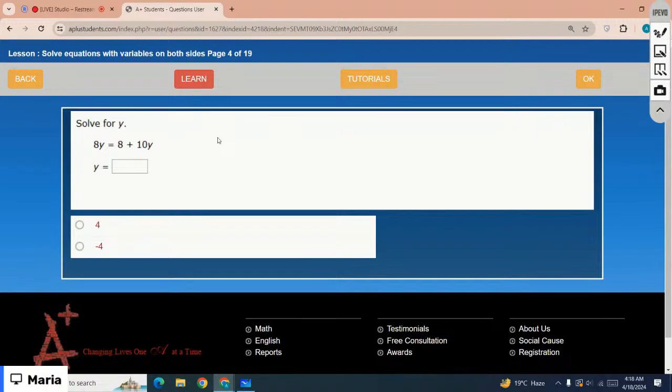The correct option is y equals negative 4. Option number 2 is the correct option, right?